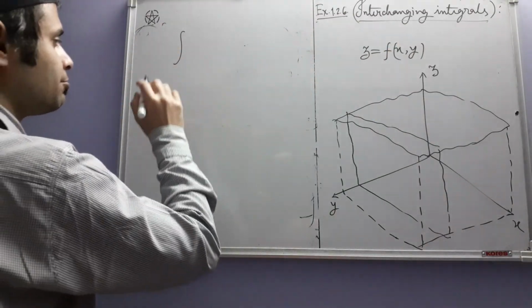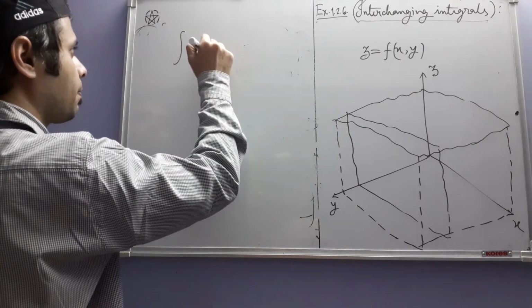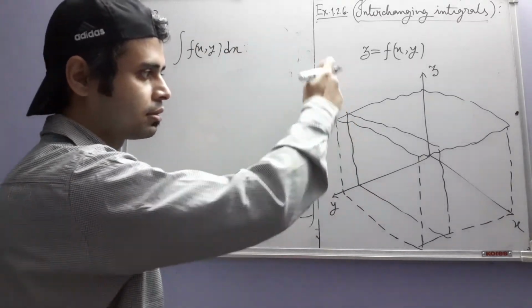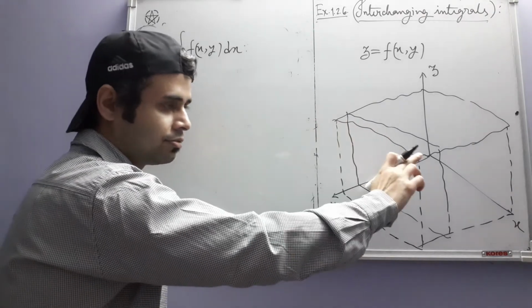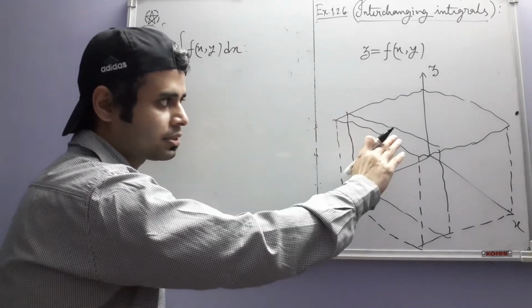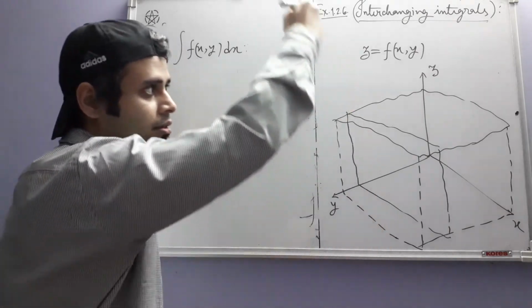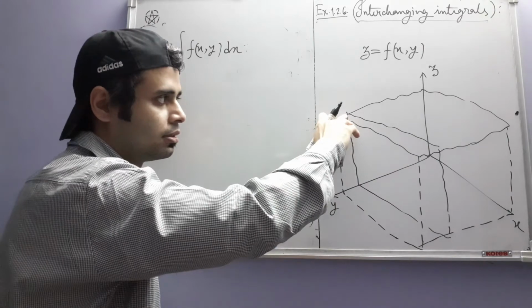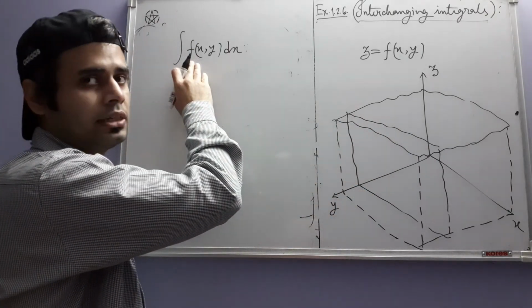And if we find this integral, that will give me the area of the cross section under this curve. Where the surface meets this vertical plane, there will be a curve of intersection. The area under that curve is given by this ordinary integration.